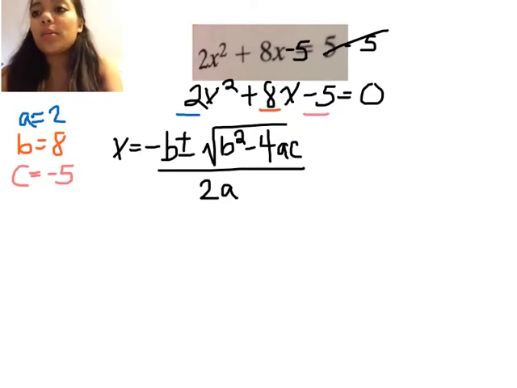So my x is equal to the opposite of b. My b is a positive 8. The opposite of b is a negative 8.